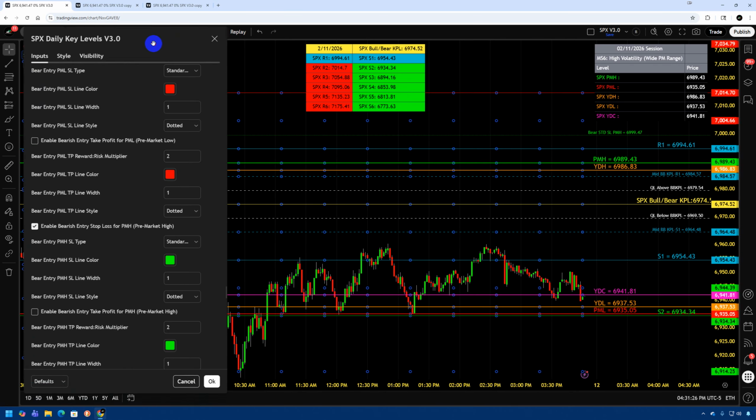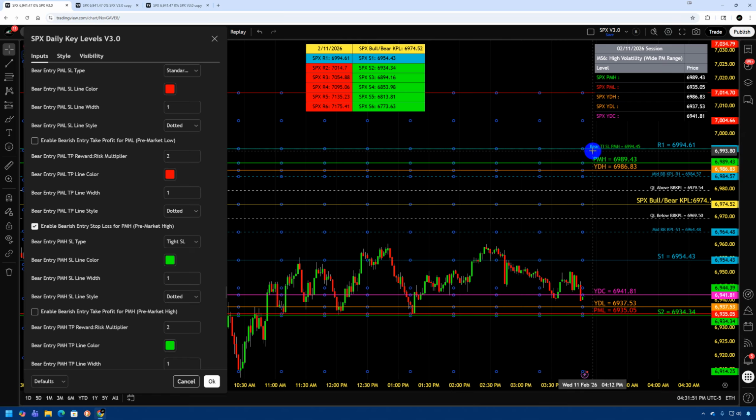And here, as you can see, here's the standard stop loss for a bearish trade off of the PMH level. Now, if I change this to a tight stop loss, it's going to create the tighter stop loss, and it's signified by TISL. And as you can see here, it also signifies what type of stop loss it is.